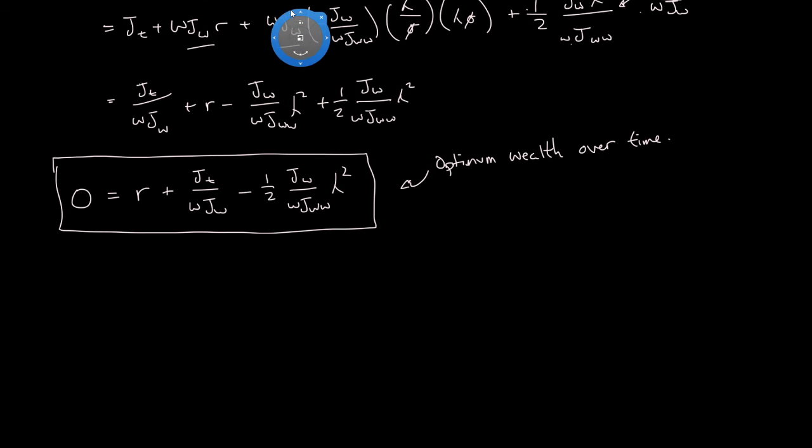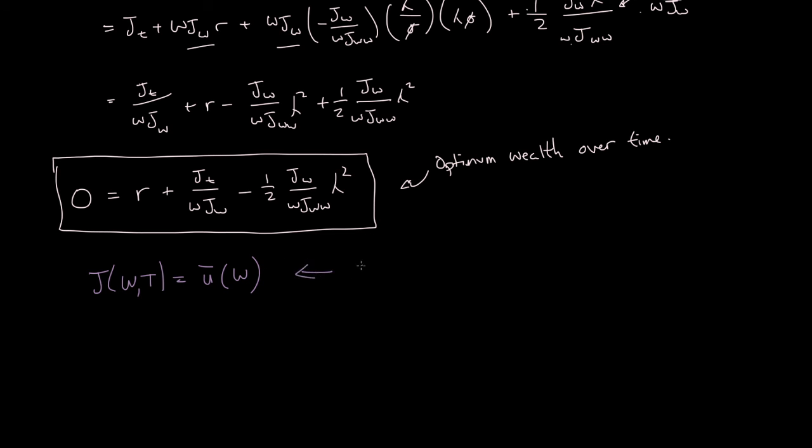And to do that, we're going to use our terminal condition, which is that J(W,T) is equal to mu bar W, not mu bar, U bar.